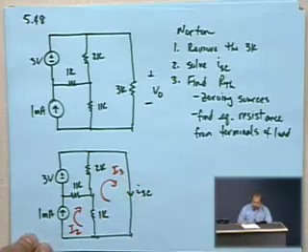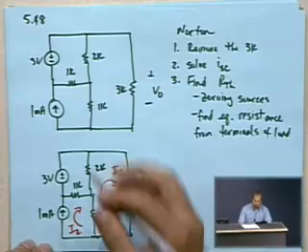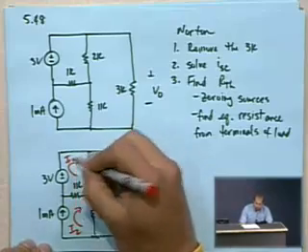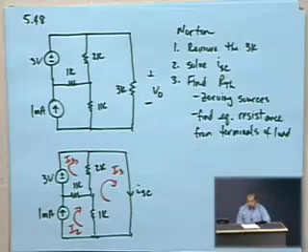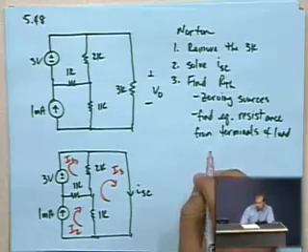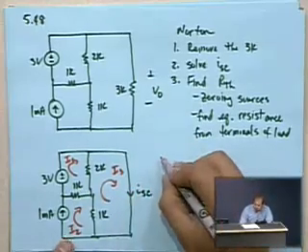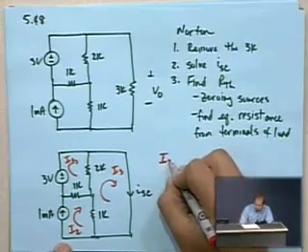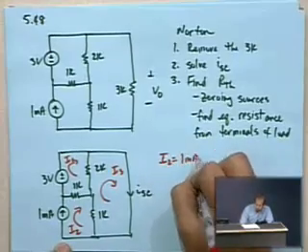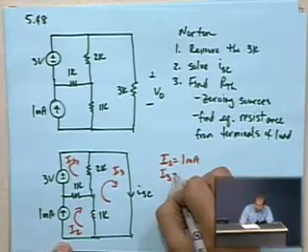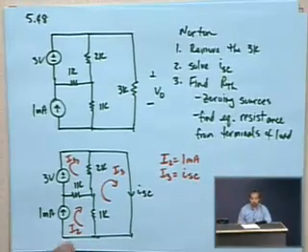I2 goes around the same direction as the 1 milliamp source, and I1 hangs out over here. So those are our 3 mesh currents. The 2 things to note off the bat are that I2 is 1 milliamp, and that whatever we solve for as I3 is going to be our short circuit current.